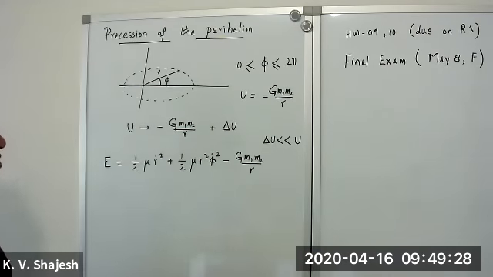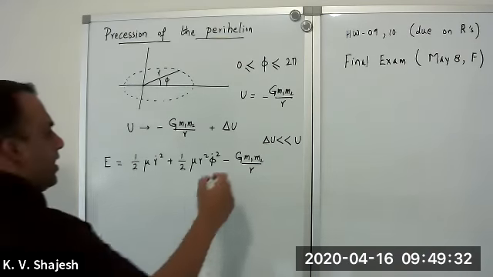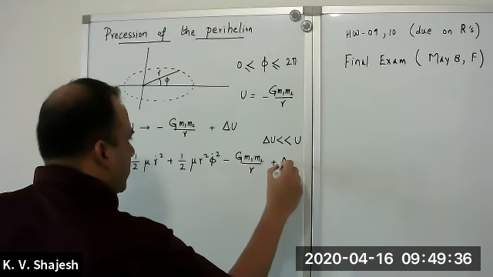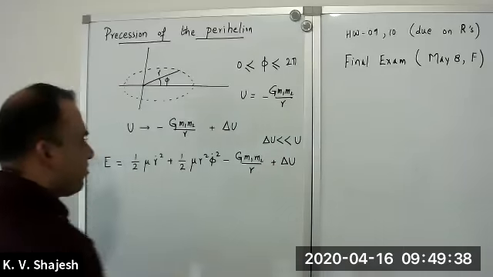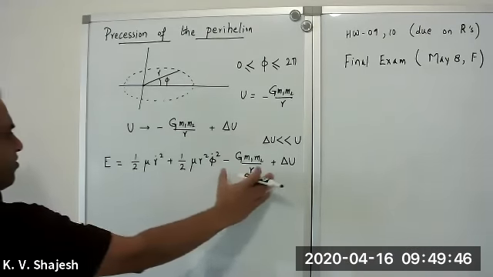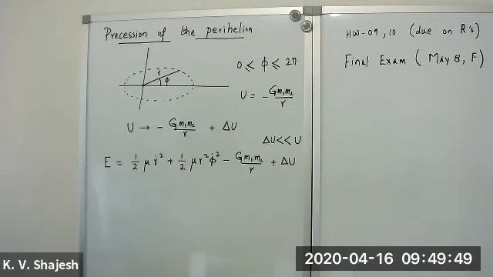We are going to keep ourselves in the time independent regime, and this change in potential will show up as plus delta U there. That's your new correction to what we were doing earlier. And this is the only change we will talk about.